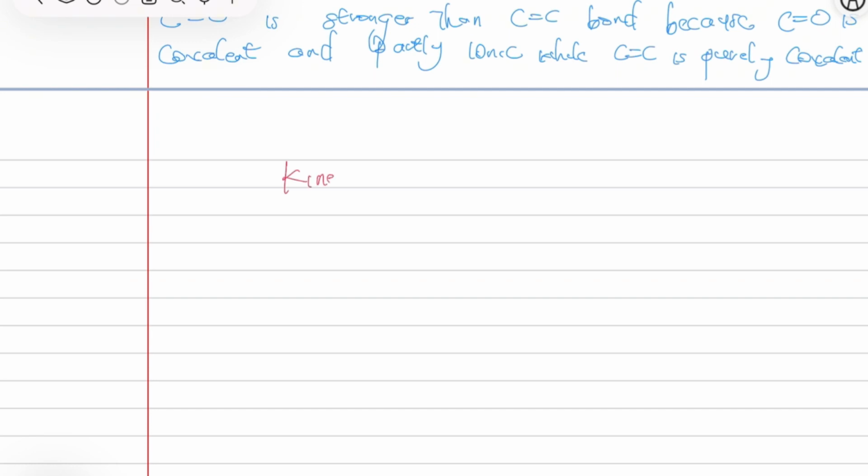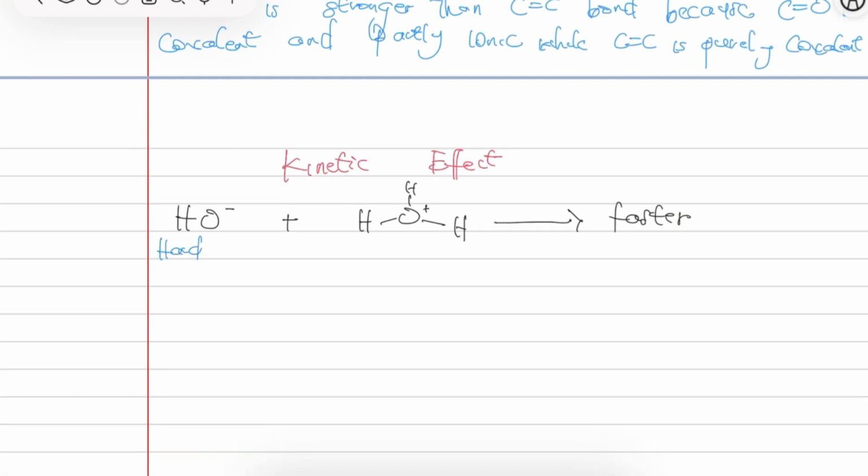This will take us to an important subheading known as kinetic effect. The kinetic effect determines which reaction occurs faster. In the first example, where you have the hard base reacting with the hard acid, the reaction is usually very, very fast.